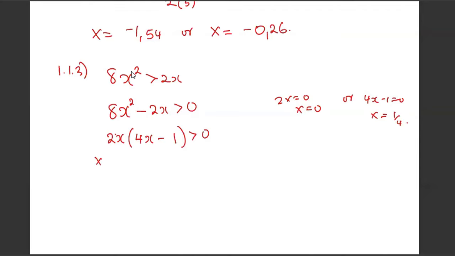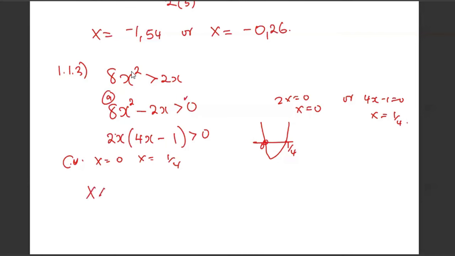So x equals 0 and x equals 1 over 4 represent what we call the critical values. But now, since we're dealing with an inequality, having a positive a, and the inequality is greater than, it's like a parabola in this sort of format. So if this is 0, and this is 1 over 4, where do we find this parabola to be above the x-axis?